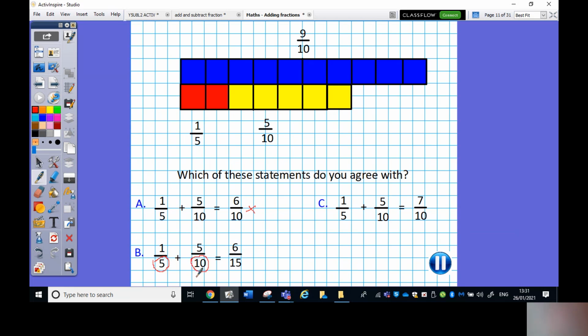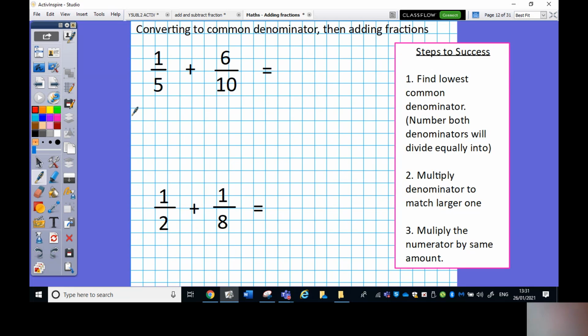Can we do that? Yeah, I agree. We can't just add the denominators. Let's take a look at this one. I know that 1/5 is equivalent to 2/10. 2 plus 5 equals 7, and the denominator stays the same. So actually, this is the correct statement. Were you right? Great.